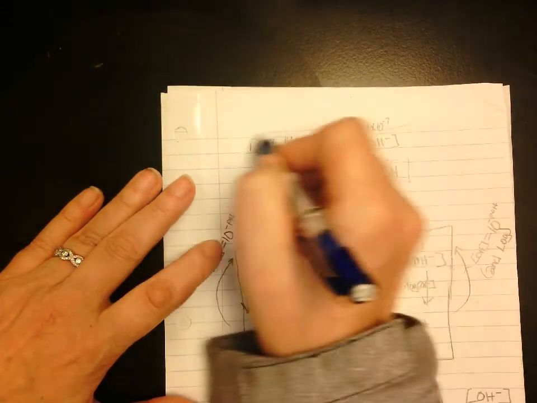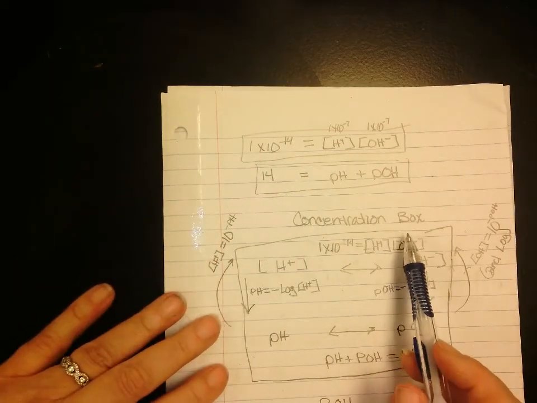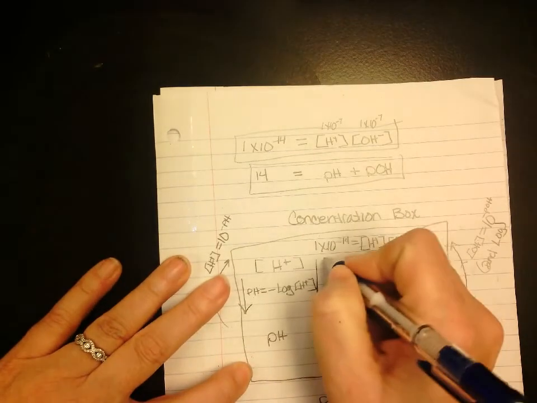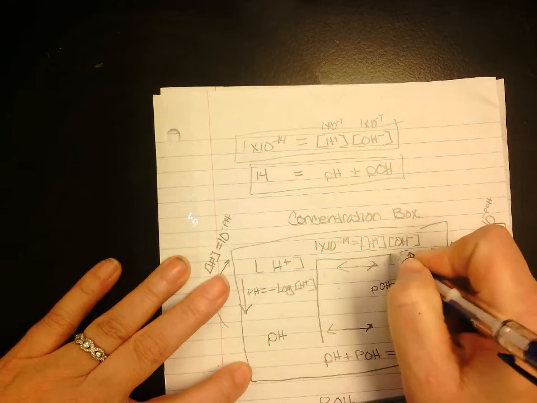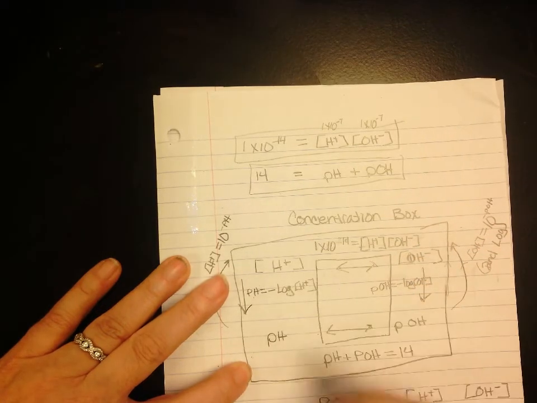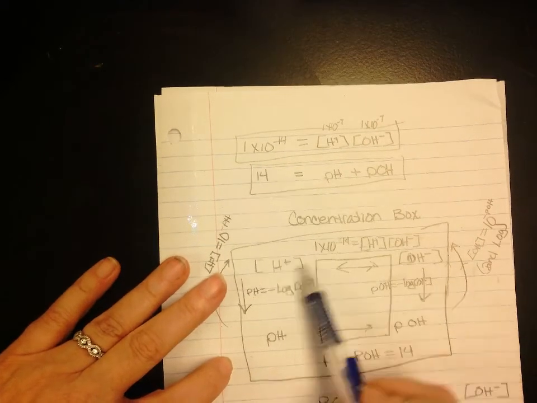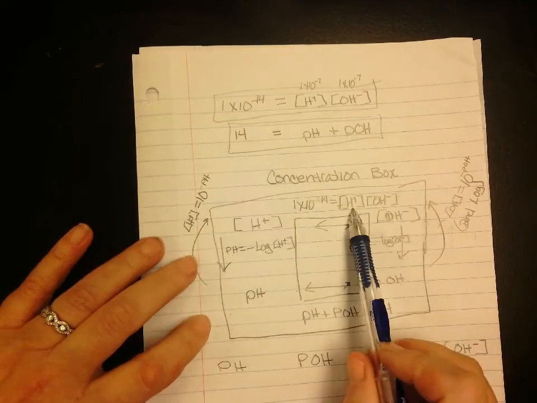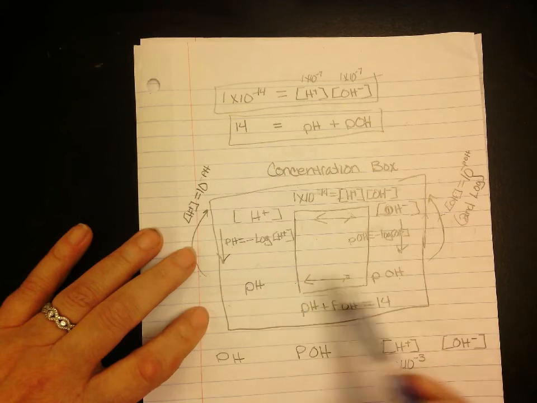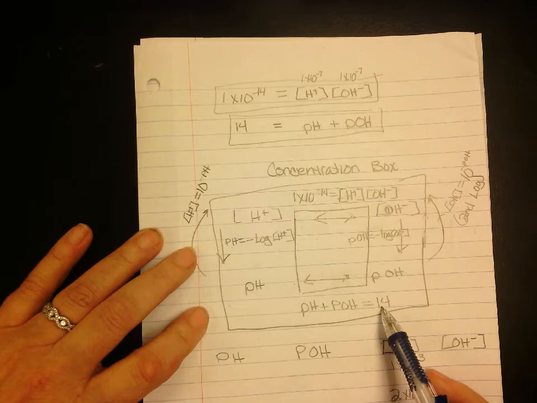Now we have these two formulas to use, and this is our concentration box. If I want to go from H to OH and pH to pOH, I'm going to use these formulas. I can convert from my hydrogen ions to my hydroxide ions using this formula, which you have done. I can also convert from my pH to my pOH by using this formula, pH plus pOH equals 14.